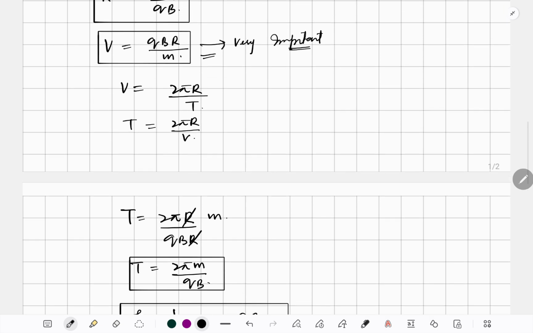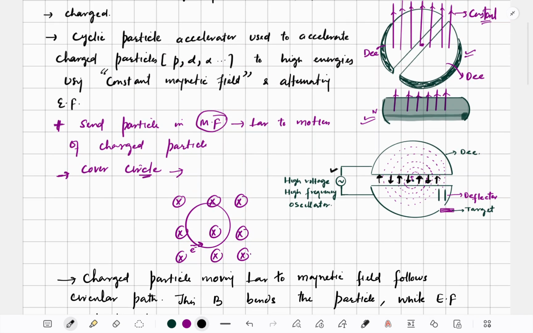Now I will explain a very important thing here. See, when it initially comes from here to here, the potential is adjusted in such a way that the electric field would be in this direction between the two Ds, so that it can accelerate the charged particle. And when it comes here, the electric field would be in the opposite direction. That is the main purpose of providing the alternating potential, the applied potential is an AC potential.